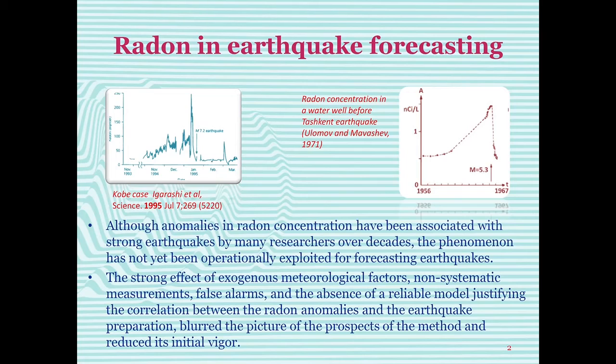Despite the fact that the first evidence came quite early and the research that followed was intensive, this pre-earthquake process has not yet been exploited as an earthquake forecasting tool. The strong effect of exogenous atmospheric factors, non-systematic measurements, false alarms, and the absence of a reliable model justifying the radon anomalies blurred the picture of the prospects of the method and reduced its initial vigor.